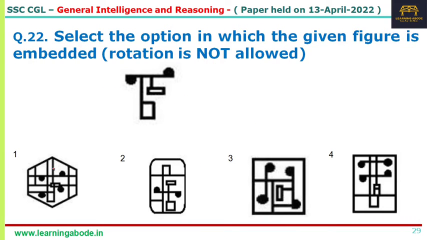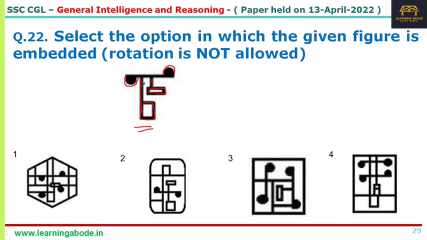Now question number 22, you have to fit this given image in the options. You have a kind of semicircle here, upside down, and then a regular one, and then you have a rectangle like this, a straight line, and another. Without going for rotation, you have to check where this figure is.